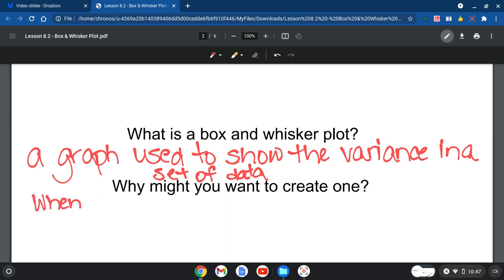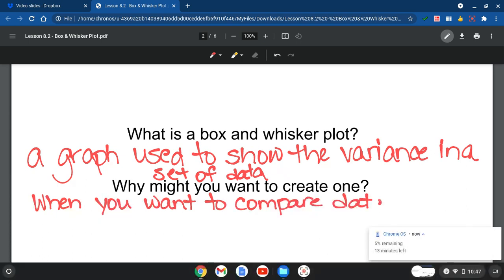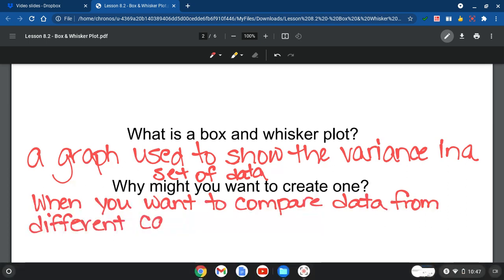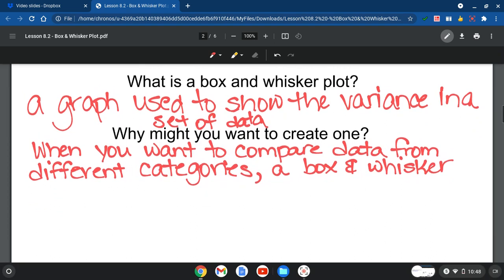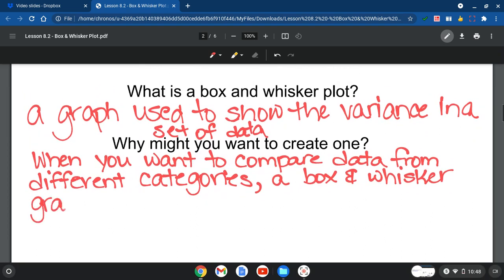When you want to compare data from different categories, a box and whisker graph makes it easier to see the difference.